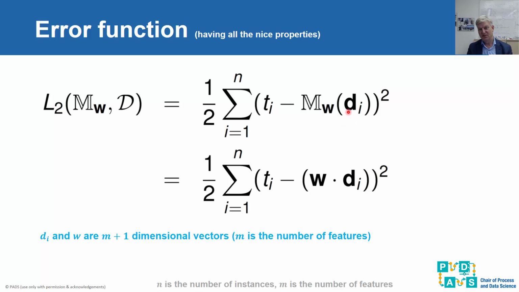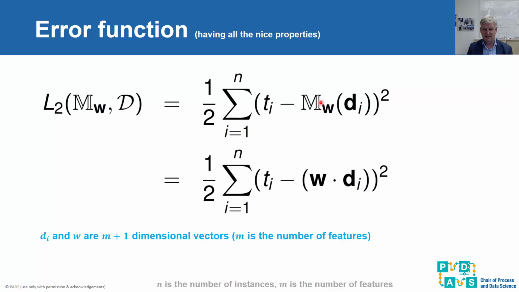So here D, that's why it's boldface, corresponds to a vector, and this vector has size m plus 1, where m is the number of descriptive features.